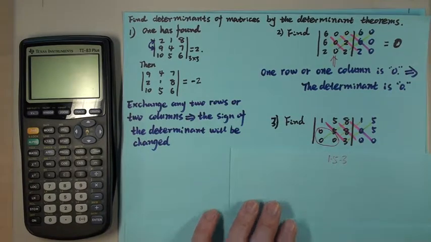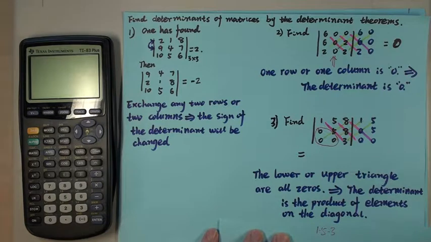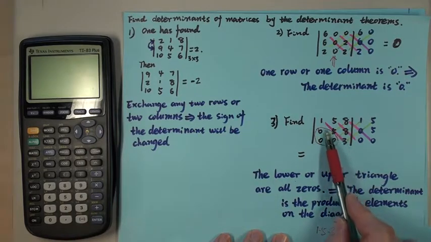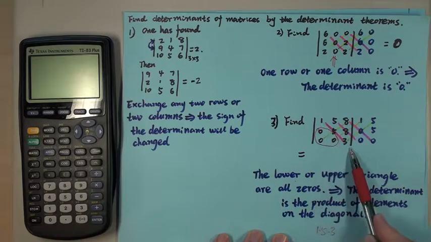So the determinant theorem basically says: if the lower or upper triangle elements are all zeros, then the determinant is the product of the elements on the diagonal. That's it.